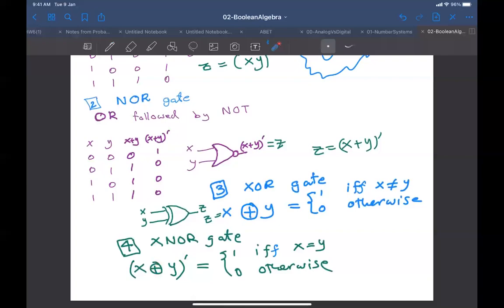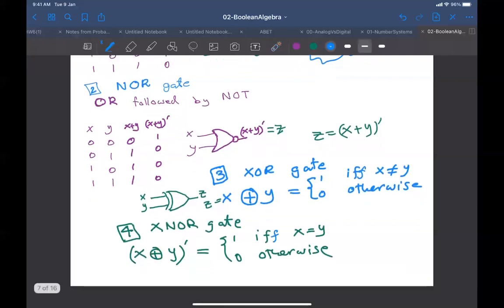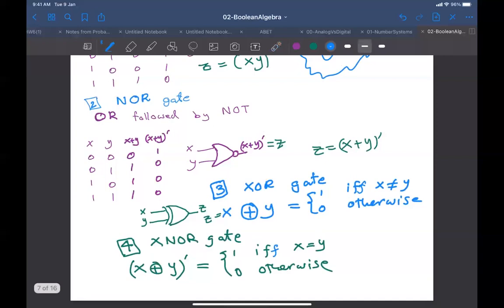In some books, they denote it by a dot surrounded by an O, but we don't use that here. We just use the O plus, and to indicate the XNOR, we complement that. Any question so far?